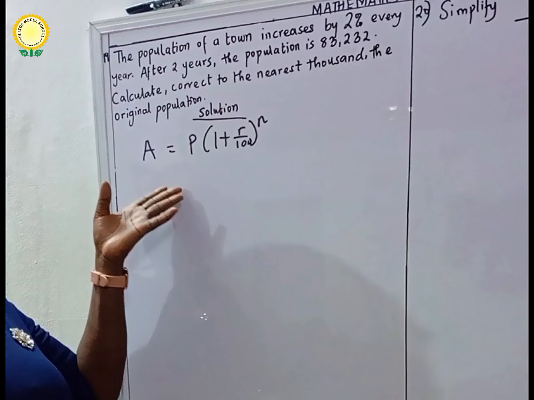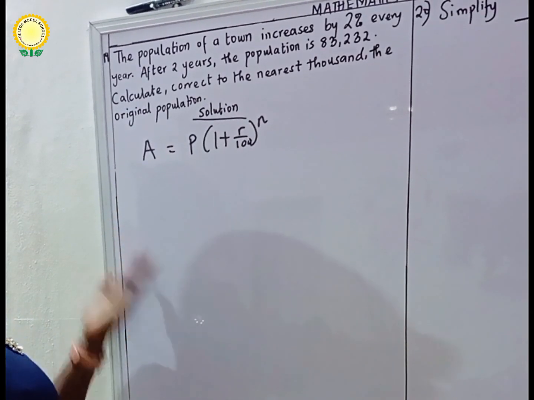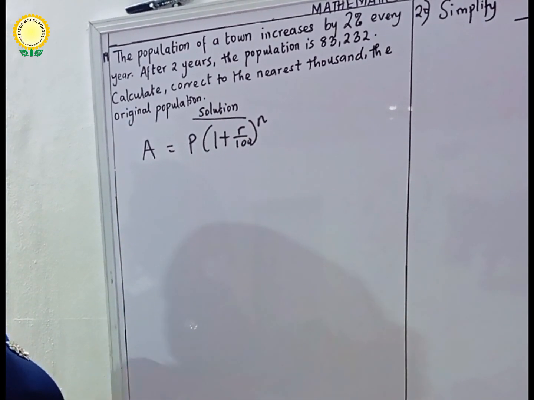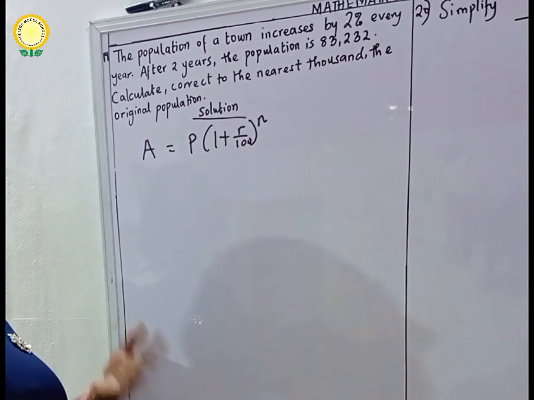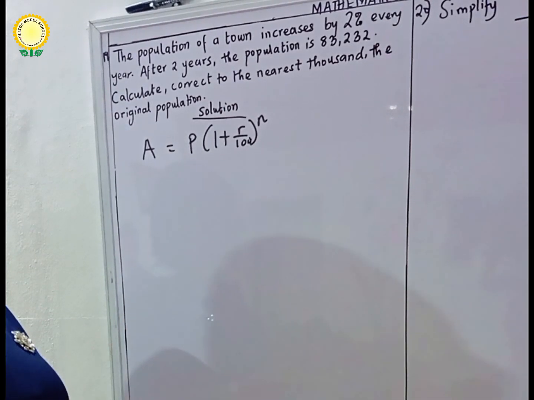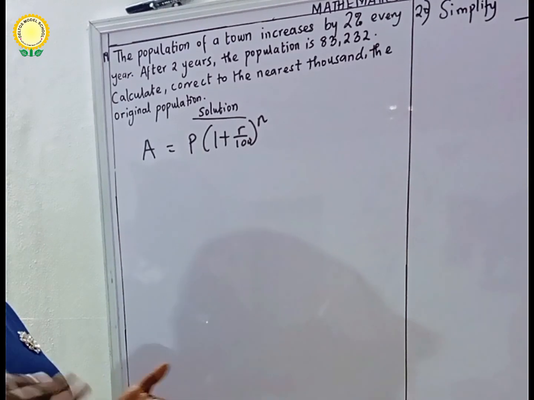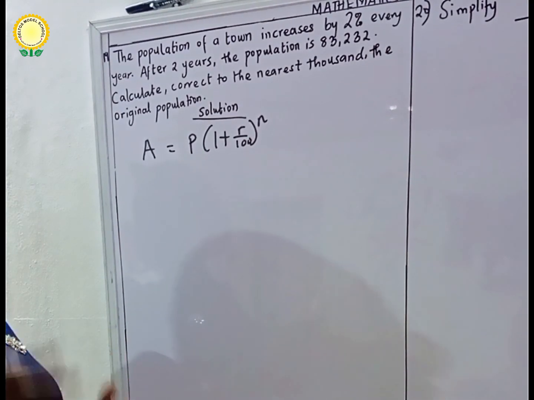Because it's exponential growth, we can solve it just the same way we solve compound interest. Something is increasing by a particular percentage. It's just the way there's an interest of a particular percentage on an amount.